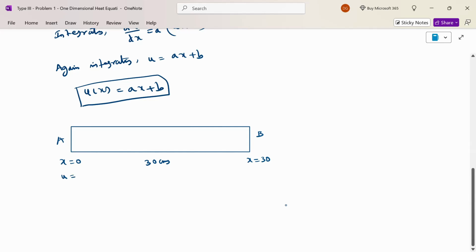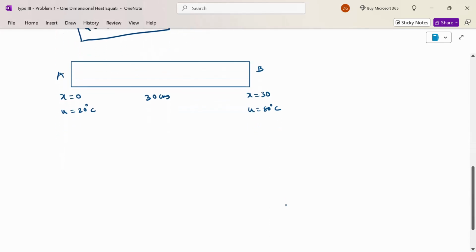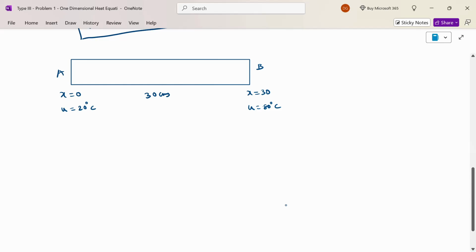Now u is the temperature, so 20 degrees Celsius at one end and 80 degrees Celsius at the other end. Therefore the solution in steady state condition is u of x equal to ax plus b. I consider this as equation number 1.